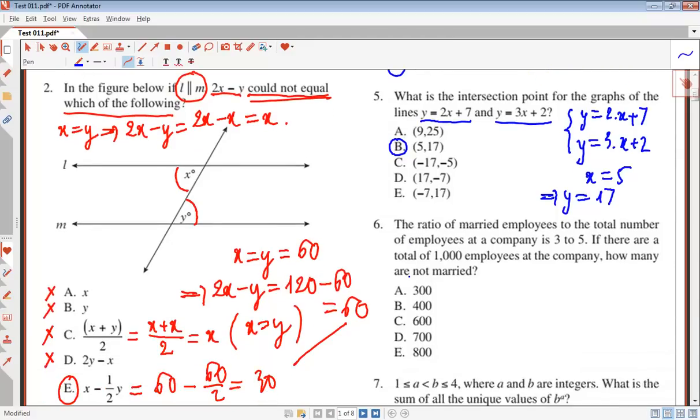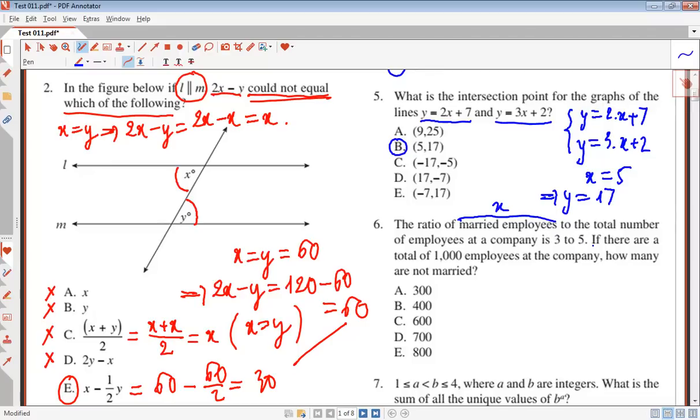Question number 6. The ratio of married employees to the total number of the employees at a company is 3 to 5. We put the number of married employees as s.